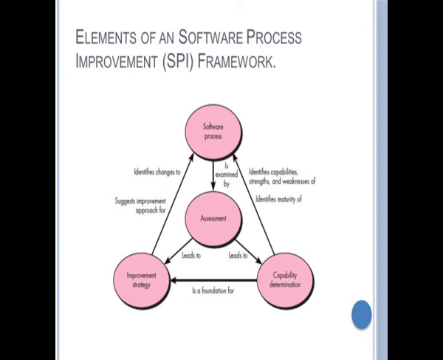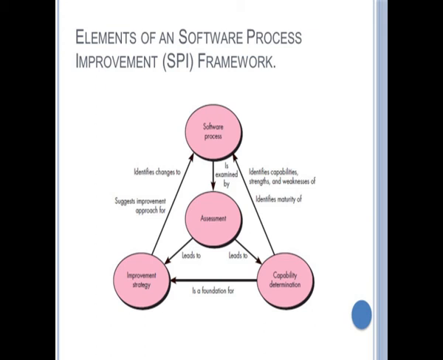Each of these four elements of an effective software process can be defined in an effective manner. An existing organizational approach to software development can be assessed against those elements. A meaningful strategy for improvement can be defined.